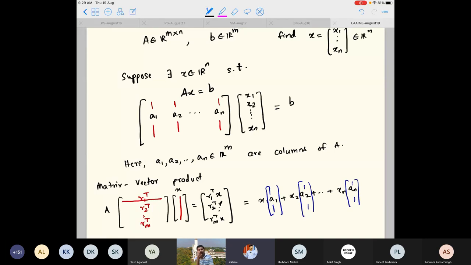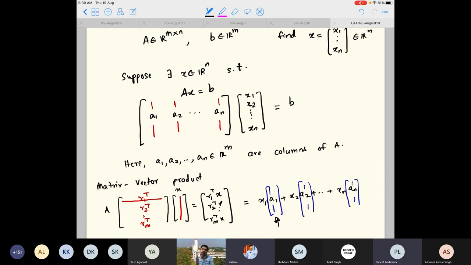In R1 transpose x, you also see the first entry getting multiplied by x1, the second entry of the first column by x1, and so on up to the m-th entry. So all those entries I put together in the first column and multiply with x1, plus x2 into the second column entries, and so on, xn into the last column entries, an. Is that fine with all of you? I hope this is clear with everybody.